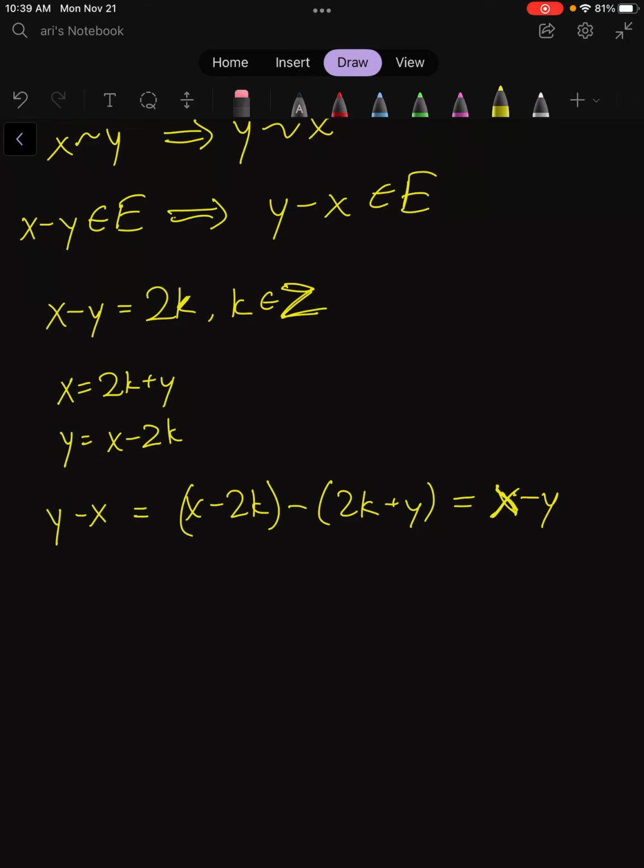X minus y equals 2k, so x equals 2k plus y. That's right. I said y equals x minus 2k. That looks right. Whew. So then I said y minus x equals x minus 2k minus 2k plus y. Oh, I see where I went wrong.